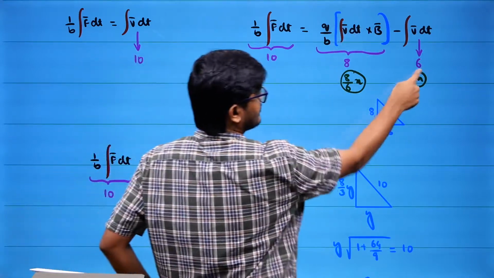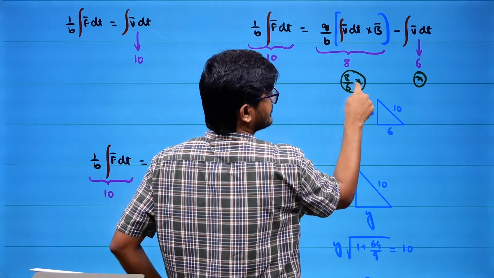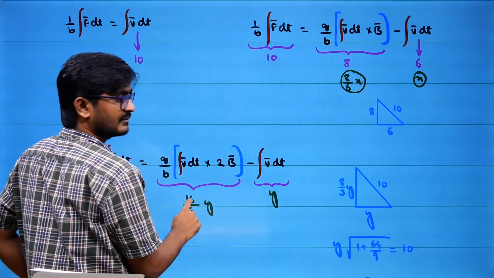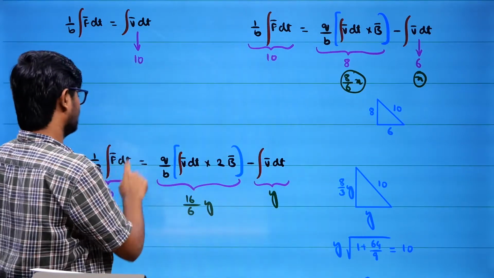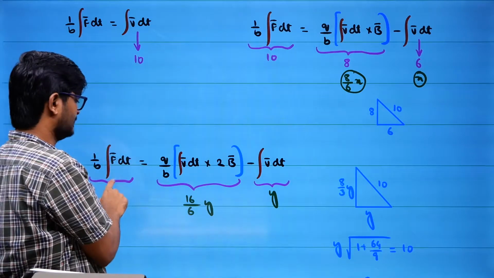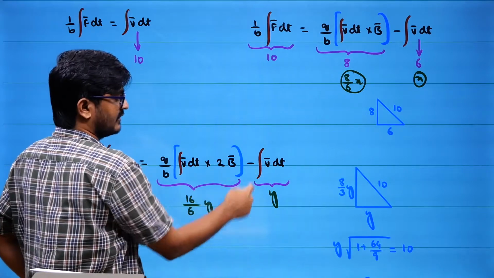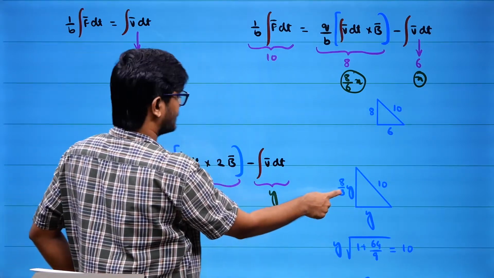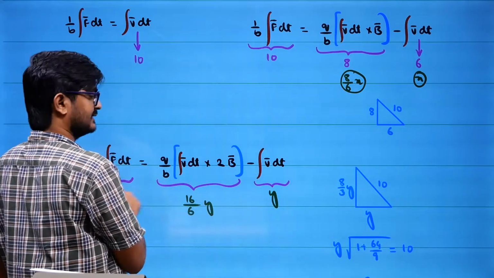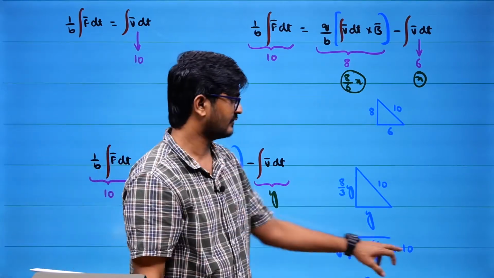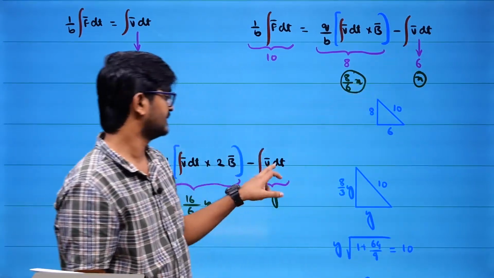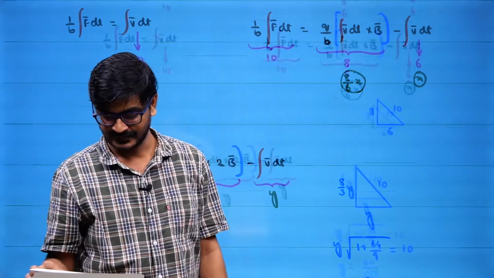So if this is y, this is going to be 8 by 6y, but this is going to be 16 by 6y. But what about this one? This is going to be the same for all the three cases, which is 1 by 10. So now again you can see these two are perpendicular to each other. So y and 8 by 3y are perpendicular to each other such that the resultant is 10. So from there you can get the value of y. What is y? y is nothing but the displacement in the third case.